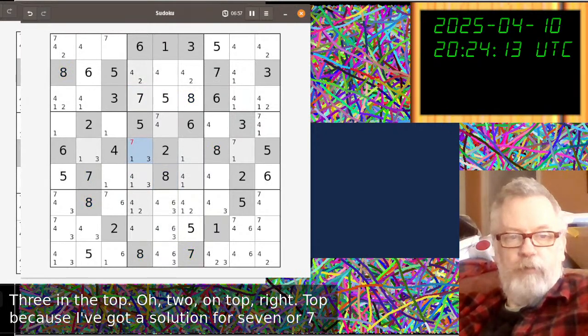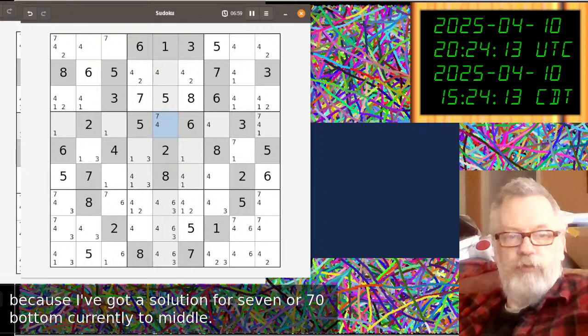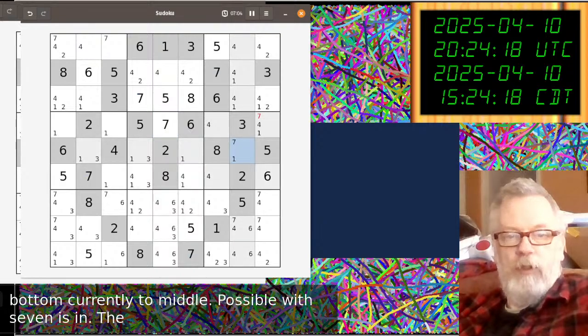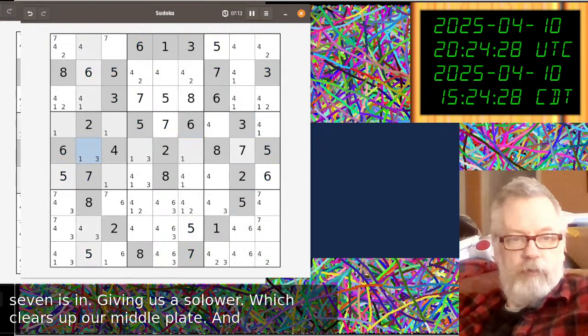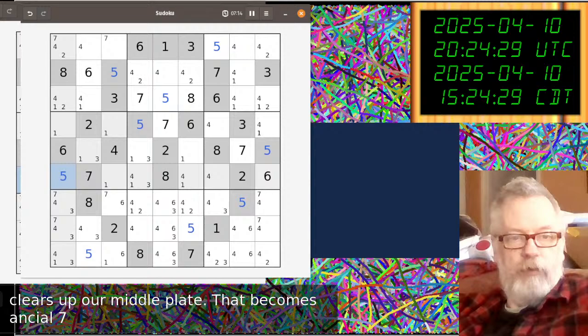That eliminates one of the possible 7s in the middle square, giving us a solution of a 7 there, which clears up our middle right. That becomes a 7 in the middle there. And that looks like all the cleanup at this point for 7s.